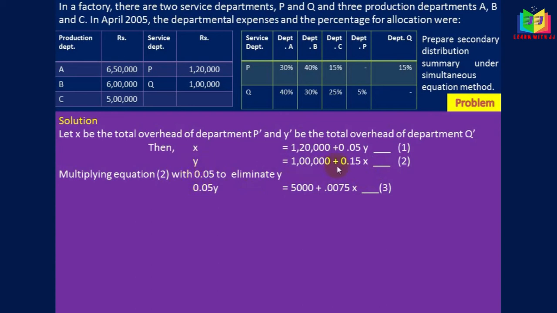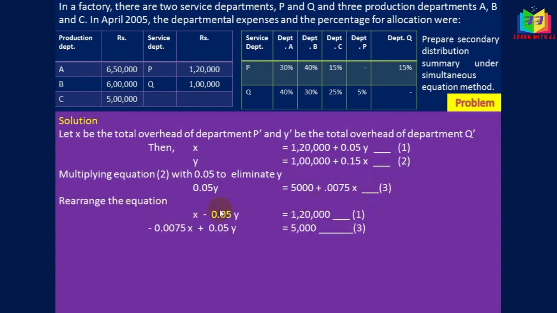Y into 0.05 gives 0.05Y, 1 lakh into 0.05 gives 5,000, and 0.05 into 0.15X gives 0.0075X. We arrive at a new equation, which we name equation 3. Next we have to rearrange equations 1 and 3, bringing the variables to one side and the constants to the other, so that we can easily solve the equations.